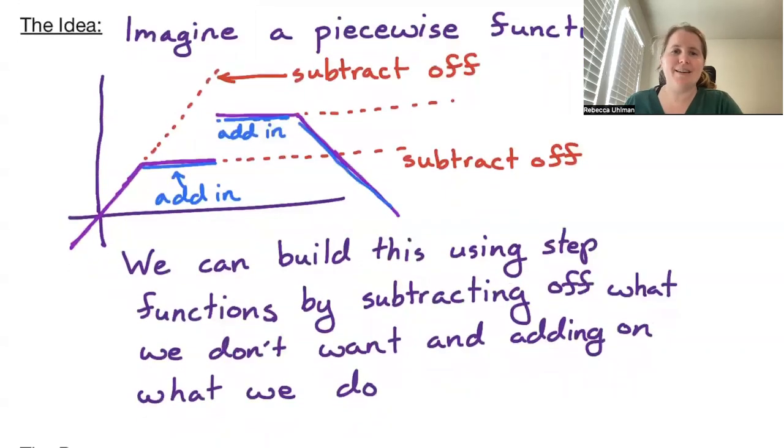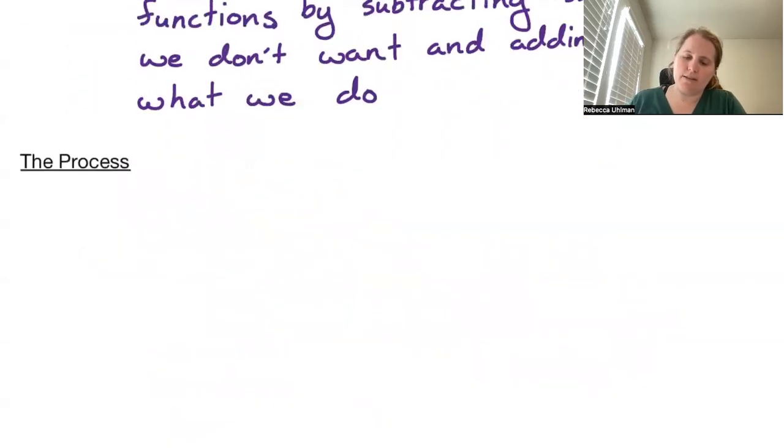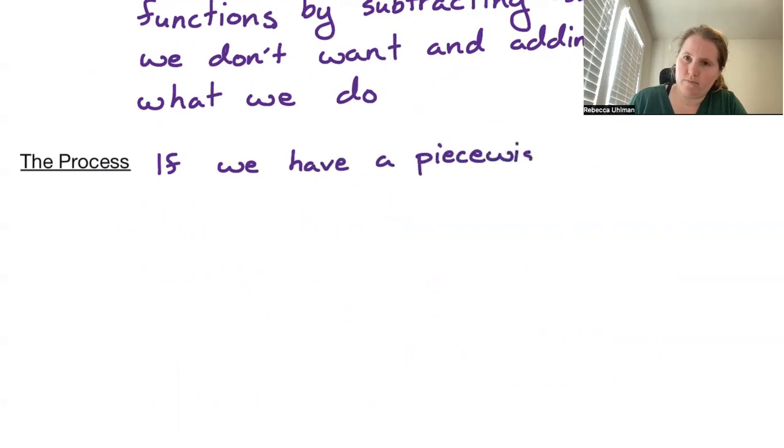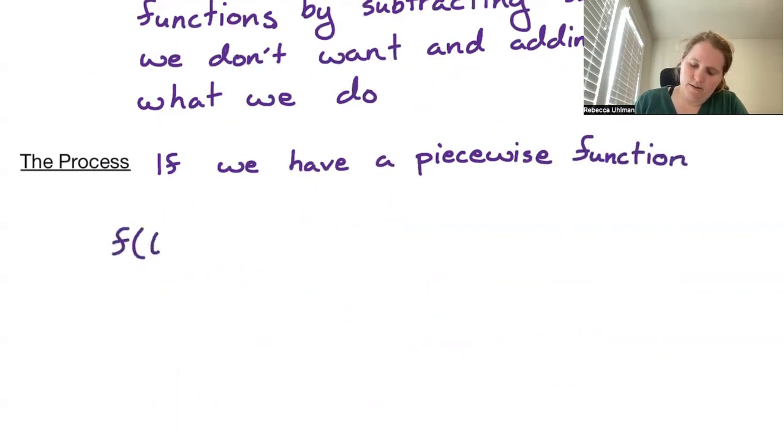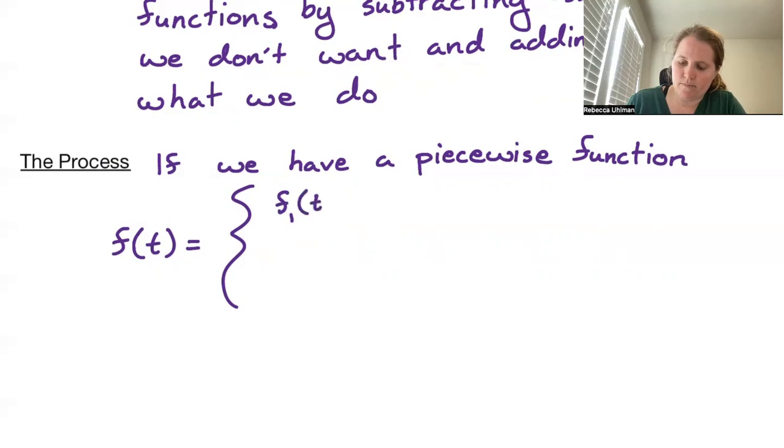So formally, the process is, if we have a piecewise function f of t, let's say it's defined as f1 of t for t less than t1.